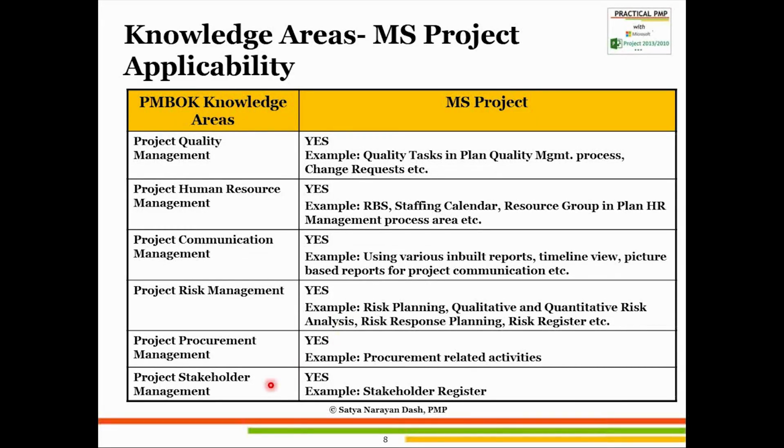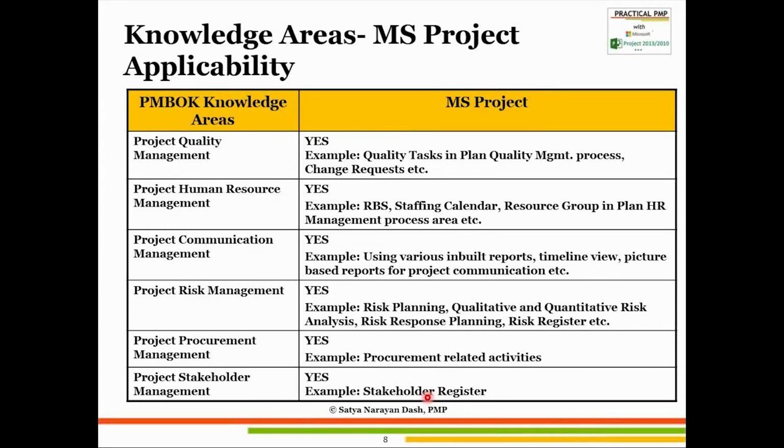Then there is stakeholder management, which is another knowledge area. And here the key output that we have in stakeholder management is the stakeholder register, which keeps on updating from identify stakeholders to plan stakeholder management. Then you have manage stakeholder engagement and control stakeholder engagement. In all the processes, the stakeholder register will keep on getting updated.